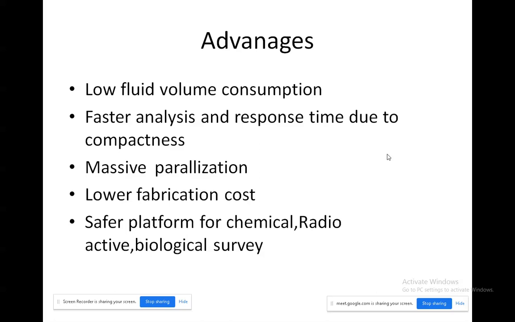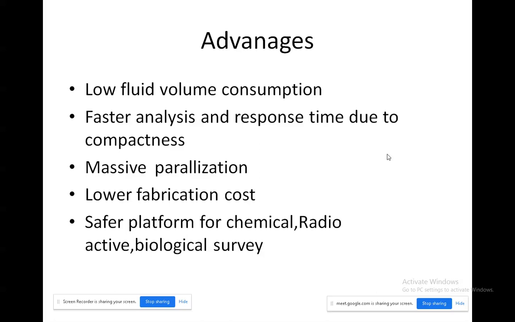So the advantages: low fluid volume consumption, faster analysis and response time due to compactness, massive parallelization. Massive parallelization means we can simultaneously perform many operations or processes. And then lower fabrication cost. So manufacturing cost is also very low.